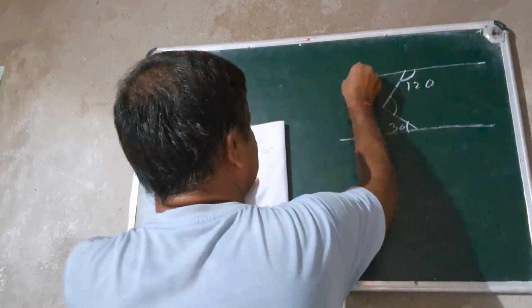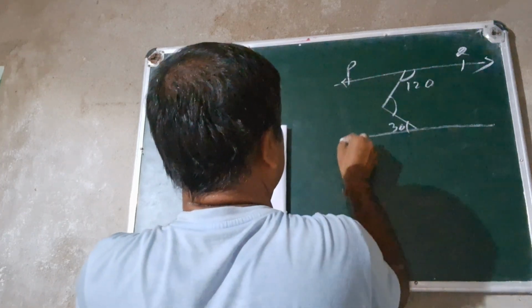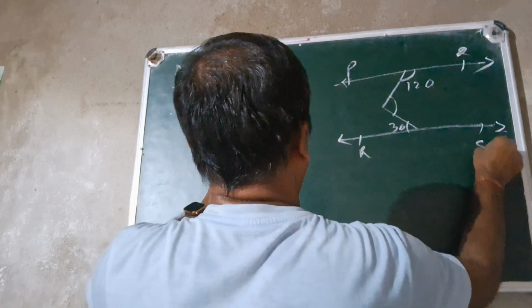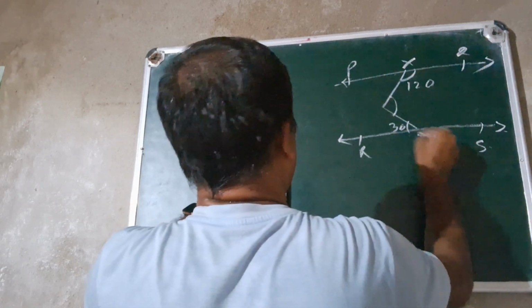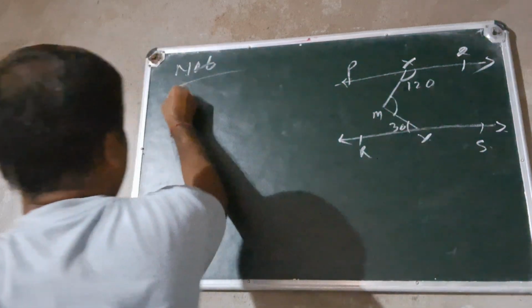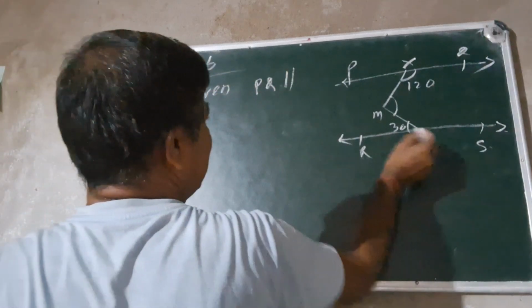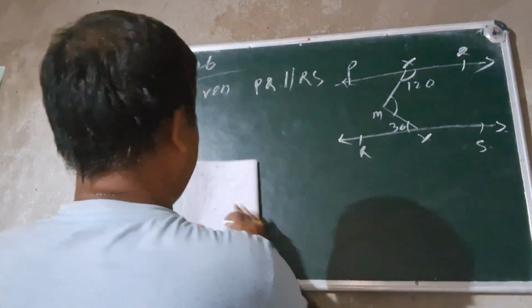This is your PQ, RS, this is your XY, this is your point M. You have PQ parallel RS.